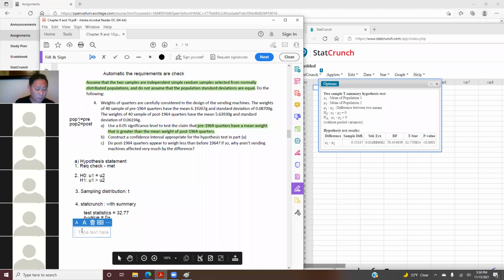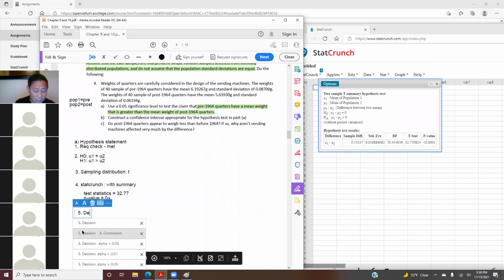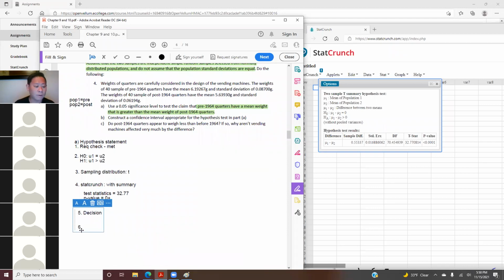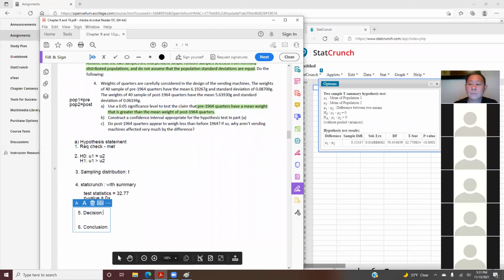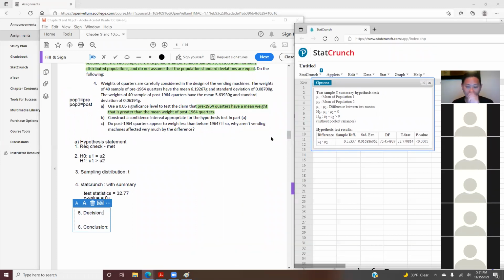Now I want you guys to again do your own decision and your own conclusion. You can write the correct one. So figure out your decision and conclusion based on the p-value and the test statistic that we have here. So you can tell they're using mu here, not p.